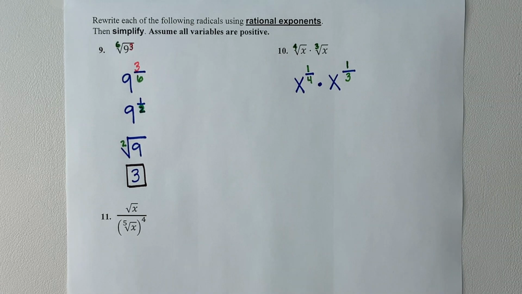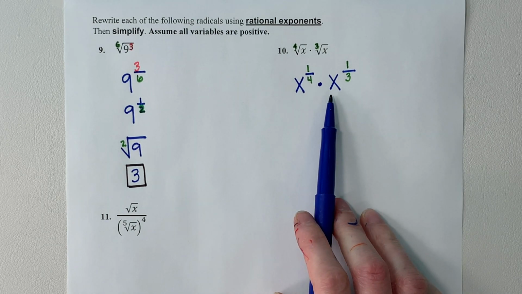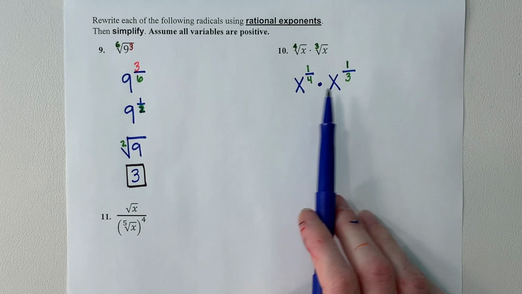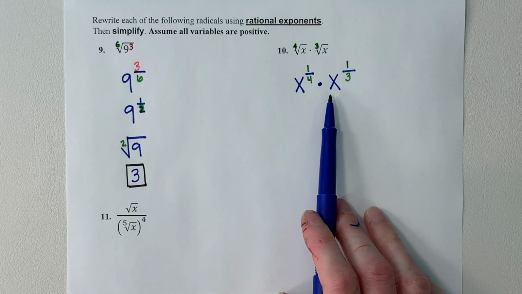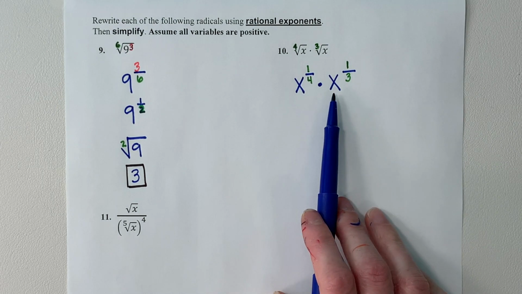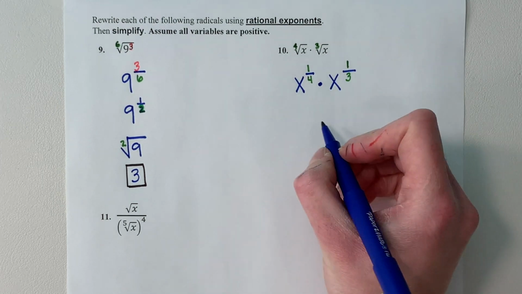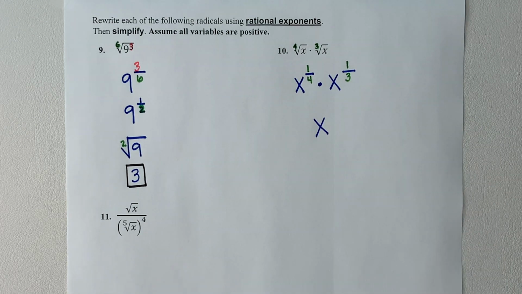Now, can we simplify any further? Yes, because remember, when simplifying, each base should occur only once. The base x here occurs more than once, so we need to simplify. And to simplify this, we can use the product rule of exponents, which says when you're multiplying two quantities with the same base, we keep the base and add the exponents.